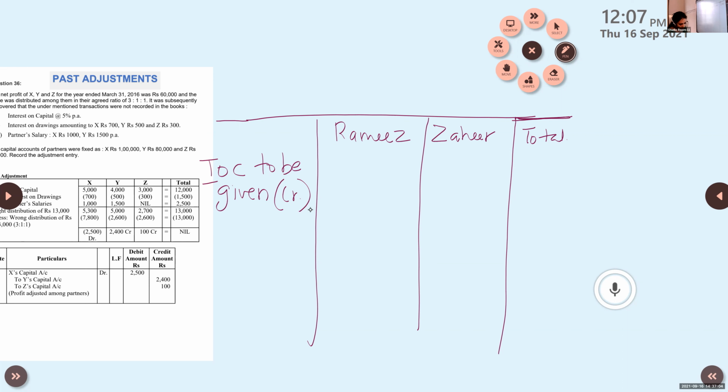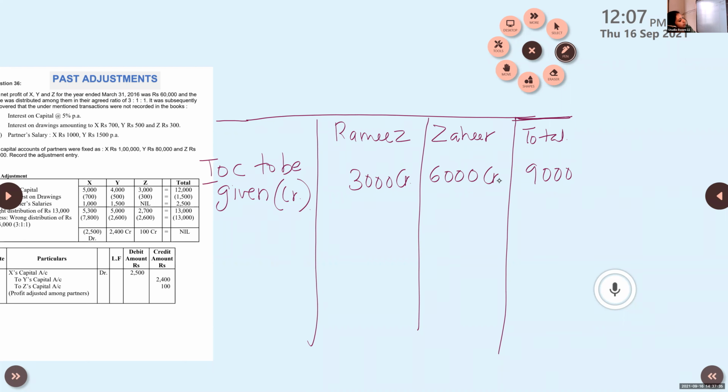The capital account will be credited. So, Ramesh should get 3,000. Zahir should get 6,000. This is the one which is missed out. Total is 9,000. I told you it should be credited.